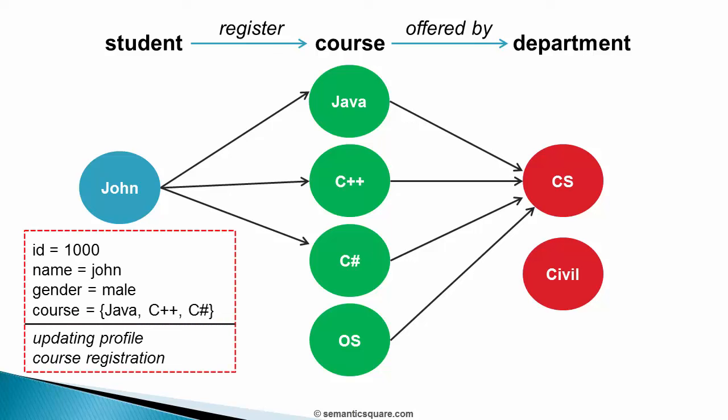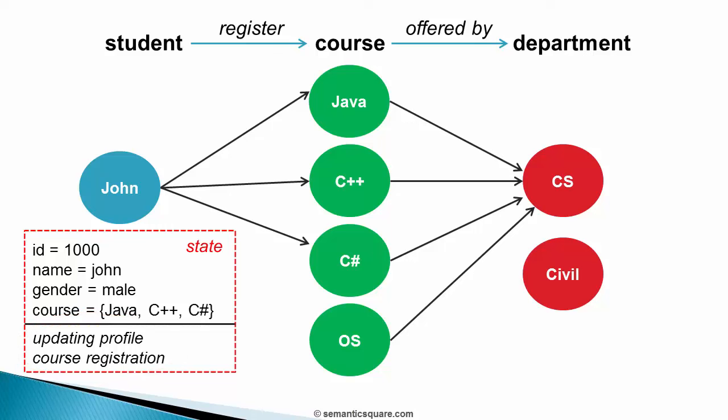An instance like John can be visualized in this way, where data apart from name would also include other things like student ID, gender, and courses that John has registered in. Similarly, John can also perform 2 actions: registering for a course and updating his profile information.